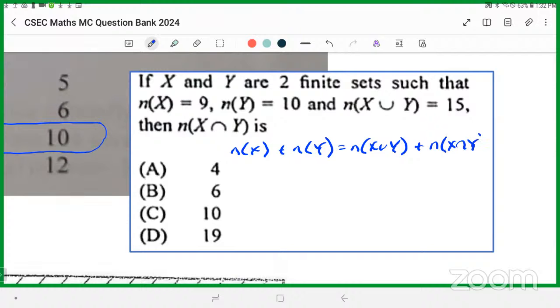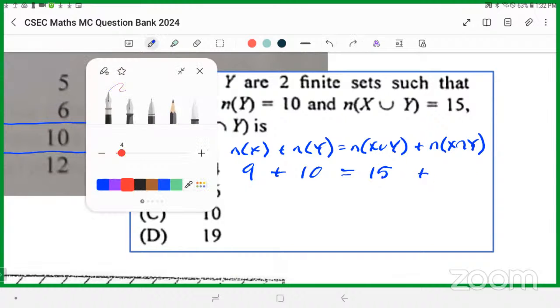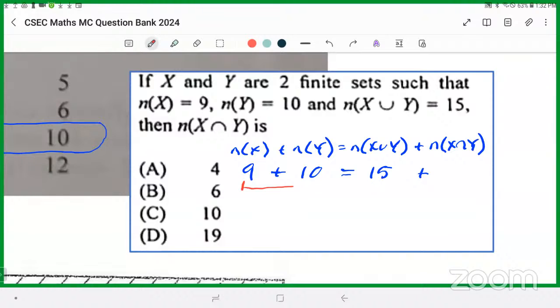This time they gave us the number in X, which is 9, the number in Y, which is 10, and the number in the union, which is 15. We're trying to find this one. So again, this is 19, so this also must add up to 19. So this has to be 4. The answer is 4.